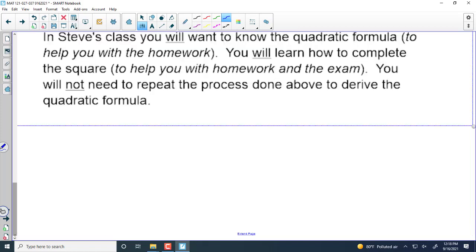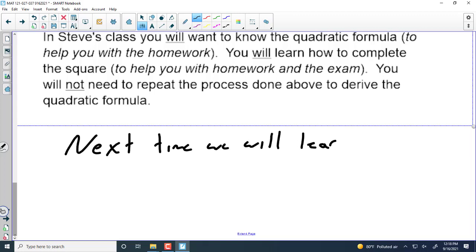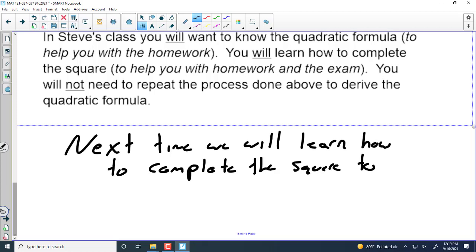But it's a process that will help you avoid having to memorize or simplify the quadratic formula. So, next time, we will learn how to complete the square to find zeros. Class, real quick before you go.